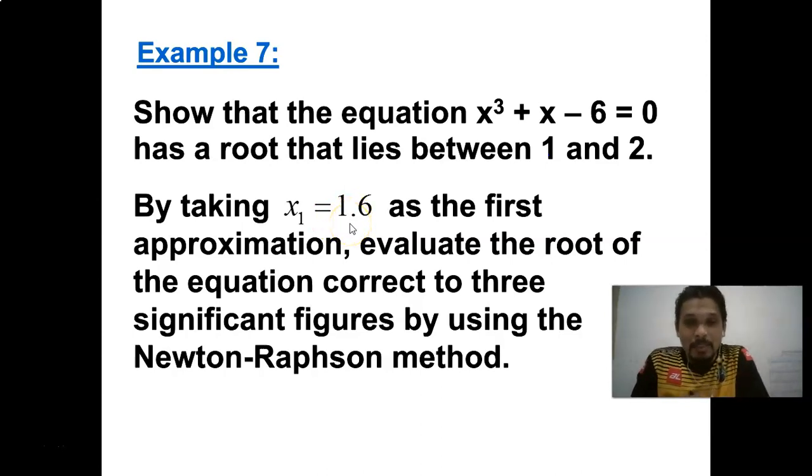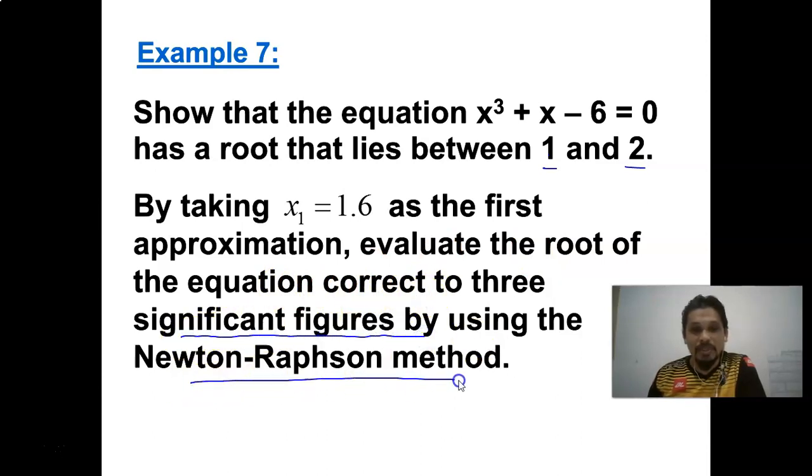At one time, they might give you a question without an initial value of x1, meaning you can choose any value of your own as long as it lies between 1 and 2. But here it's already given, x1 as a first approximation, to evaluate the root of the equation correct to 3 significant figures by using the Newton-Raphson method.